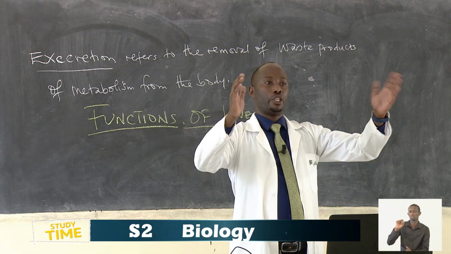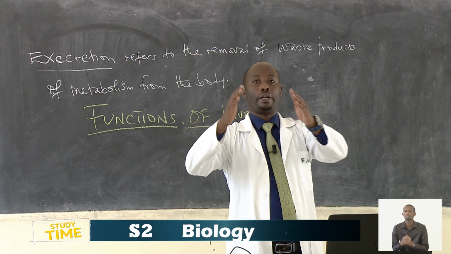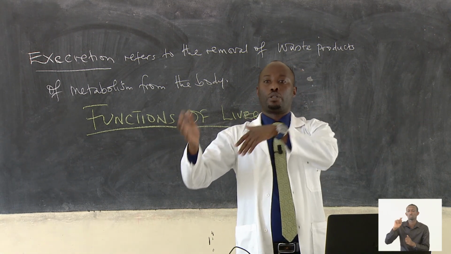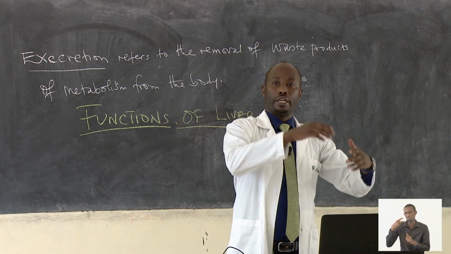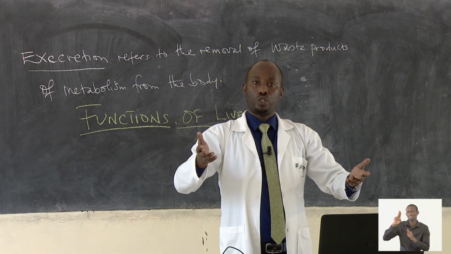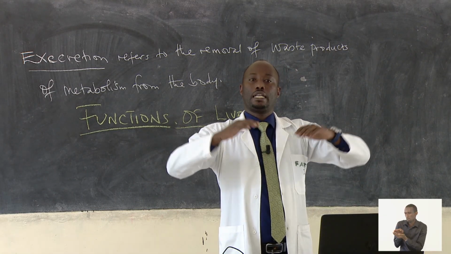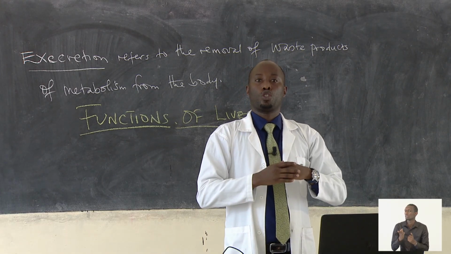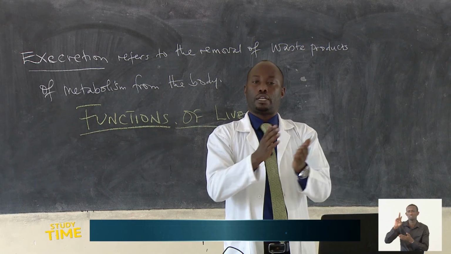Deamination is the process of breaking down excessive proteins into urea and even glycogen, which is going to be stored in the liver. Excessive amino acids or proteins cannot be stored in the body. There's no way this excessive protein can just be stored.